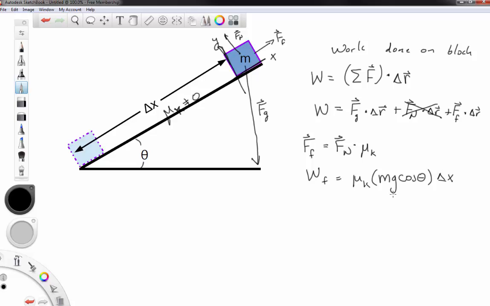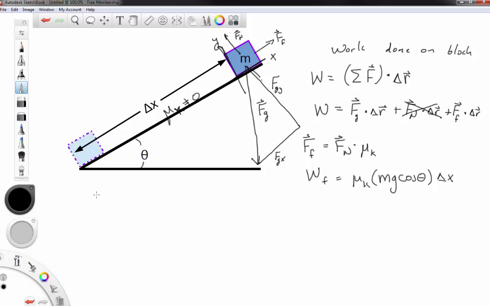Now, why is it cosine of theta in this case? Well, for this block, we need gravity and the normal force in the y direction to balance. So if I were to draw the vector for gravity into two components, there would be a y component and an x component.